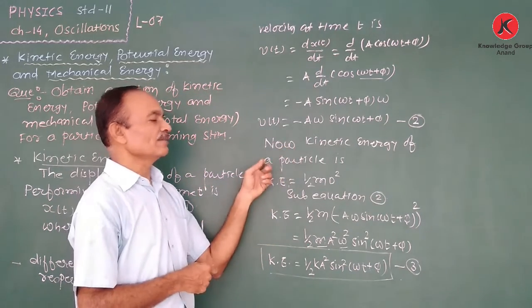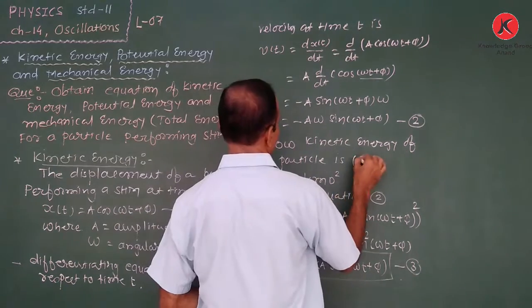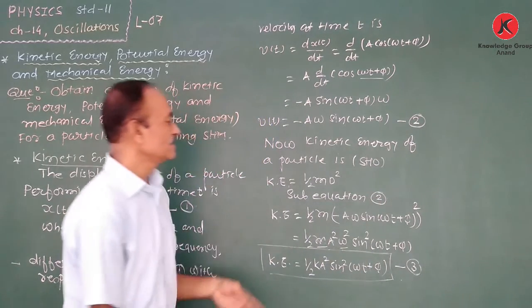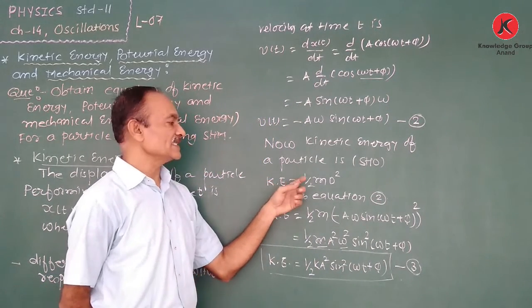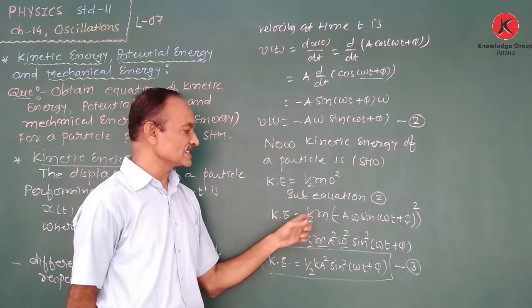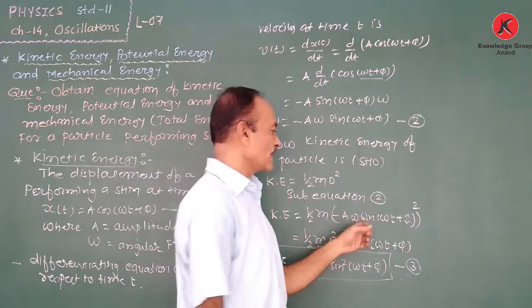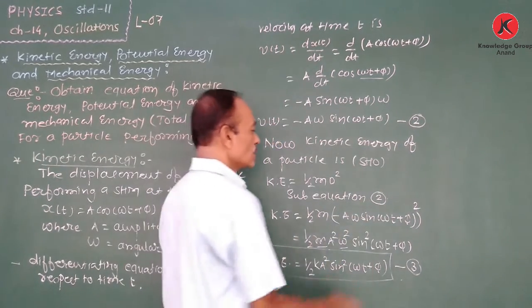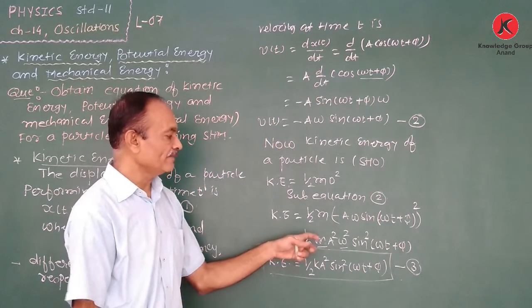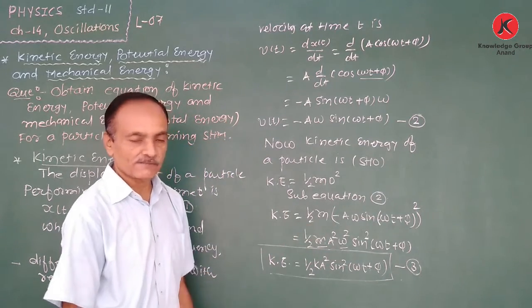Now, the kinetic energy of a particle for the simple harmonic oscillator is half m v square. Substituting the value of v, kinetic energy is equal to half m into the bracket minus A omega sin(omega t + phi) whole square, which is half m A square omega square sin square(omega t + phi).